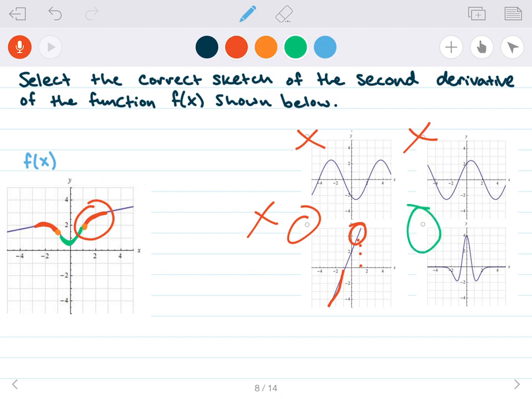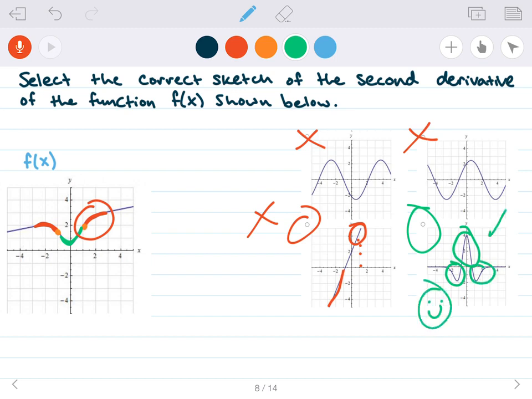From about -3 to -1, it's below the x-axis. That's good. From -1 to +1, it's above the x-axis. That's good. And then from a little more than +1 up to +3, it's below the x-axis. So this is our match right here.